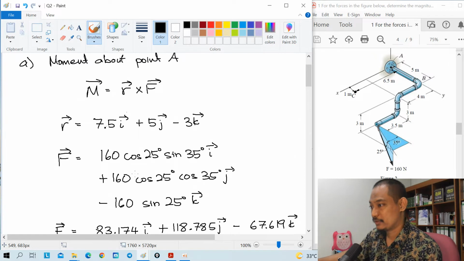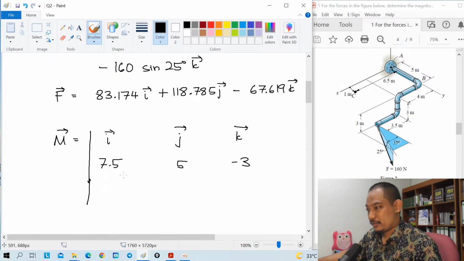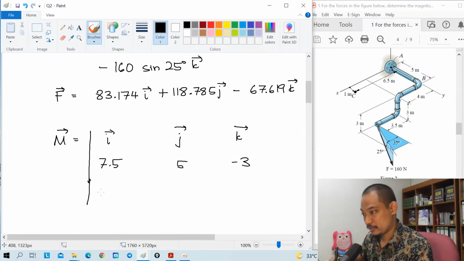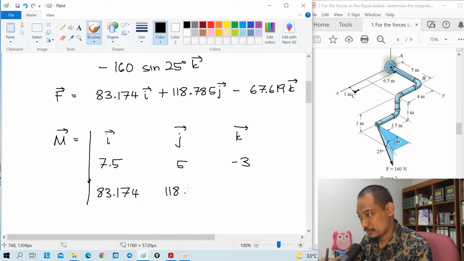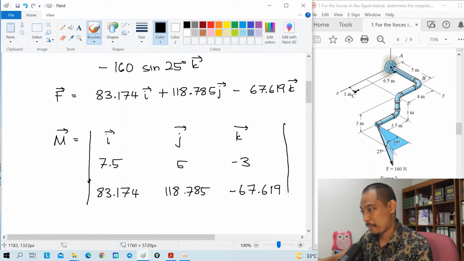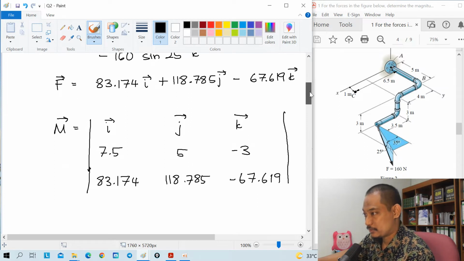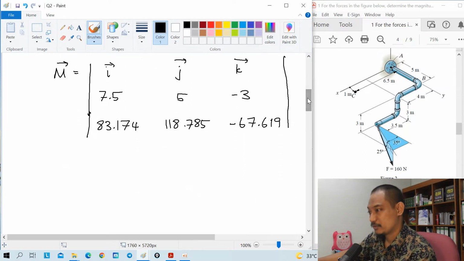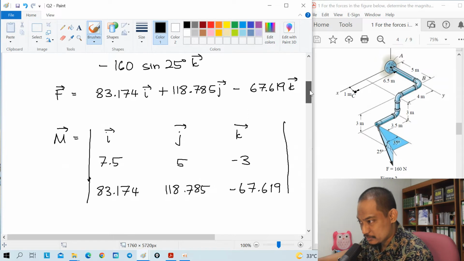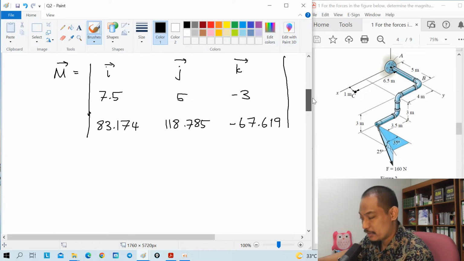That is correct. And then the force: 83.174, 118.785, minus 67.619. Now we have to solve this matrix. Double check the forces are the same.